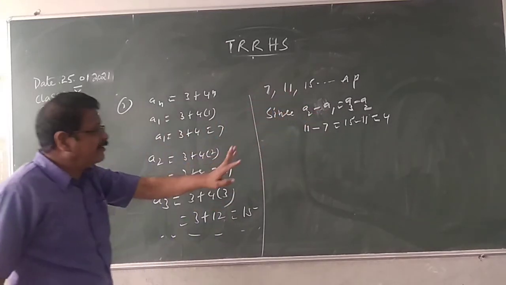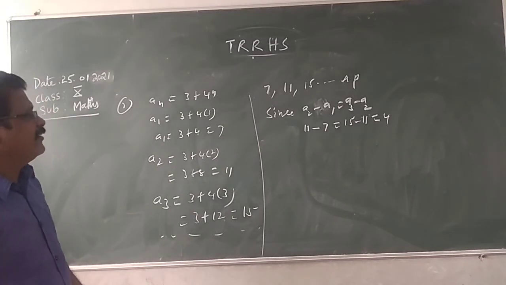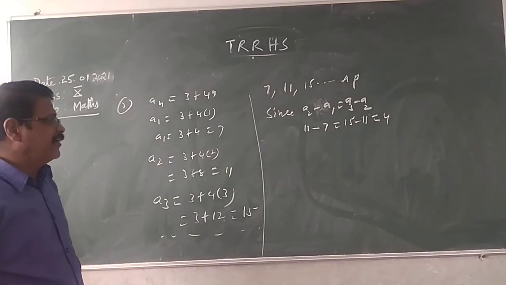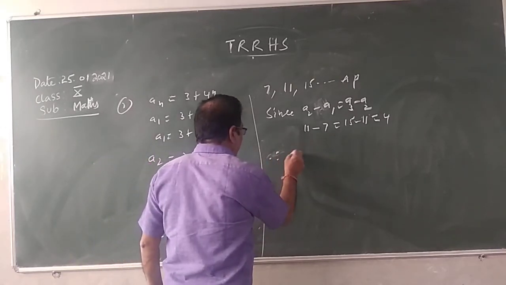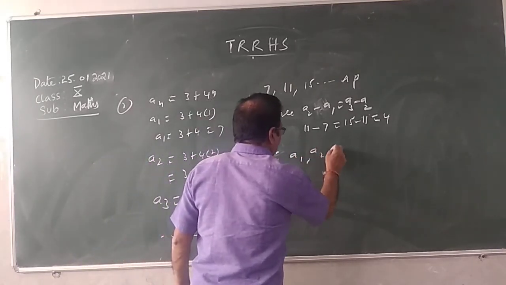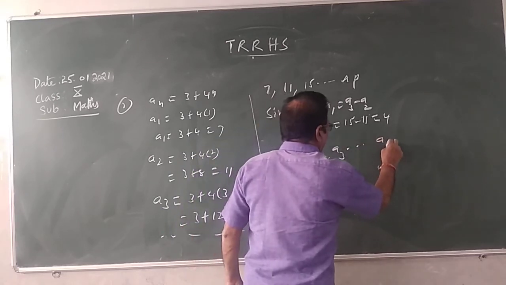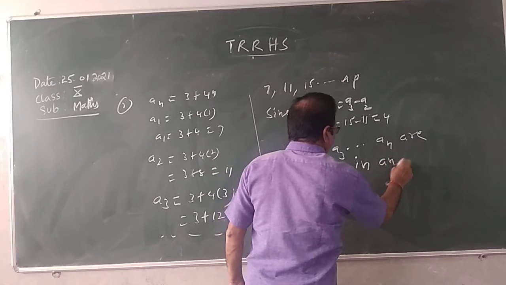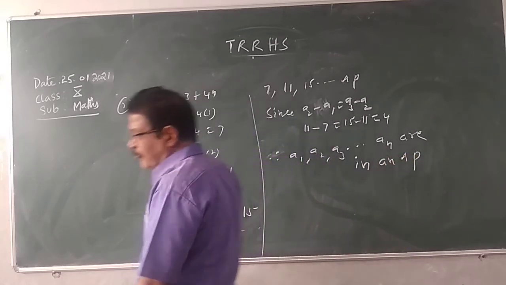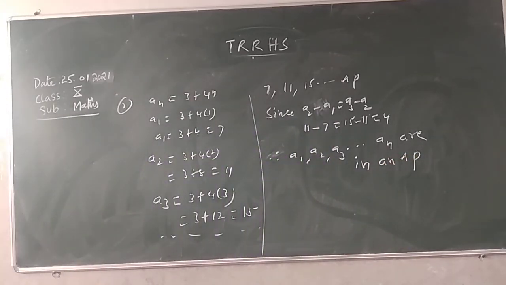So since A2 minus A1 is equal to A3 minus A2, equal to 4, therefore A1, A2, A3, An are in an AP. The same method you can do in the second bit.